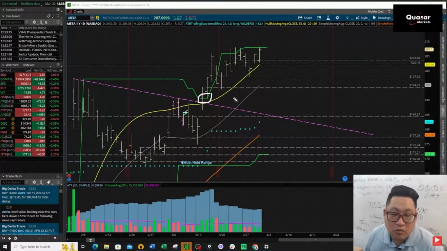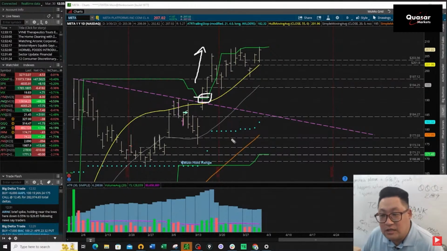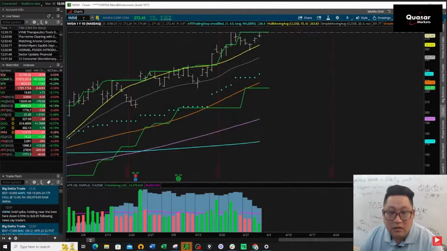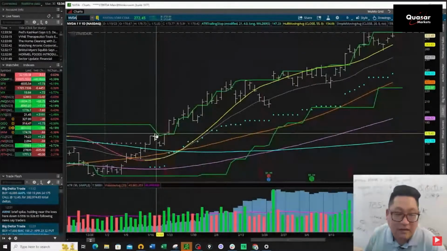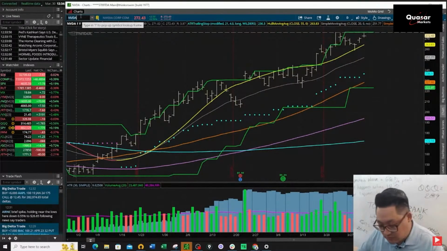But look at right here where Meta held the top of the channel and then exploded, going from 190 to 205 in 2 days. We have seen stocks like Nvidia do the same thing when they break outside the top of the channel. Huge sustained breakouts.